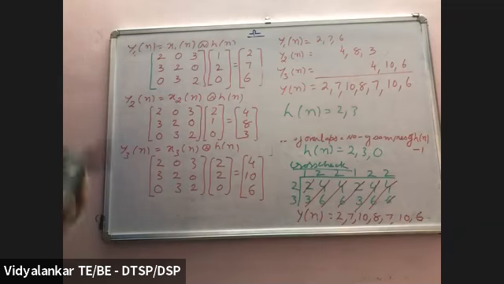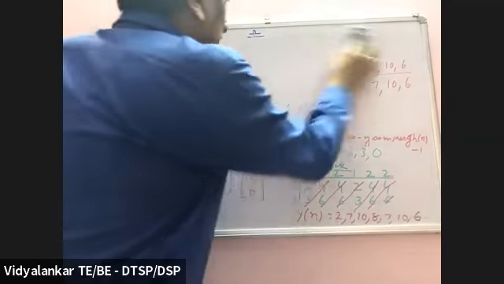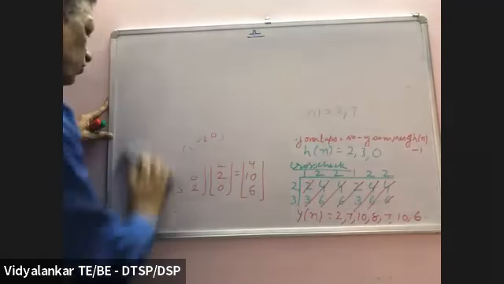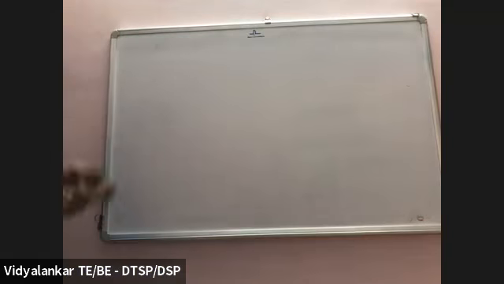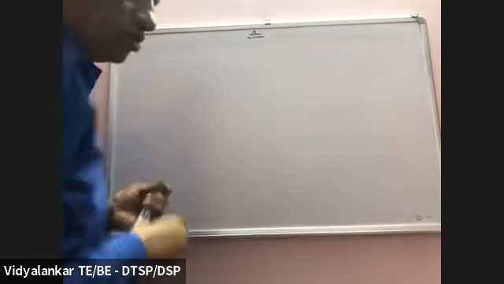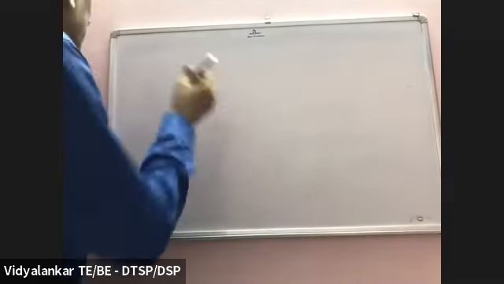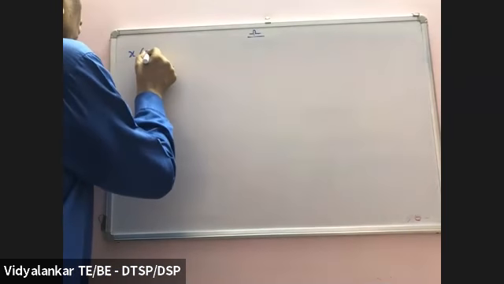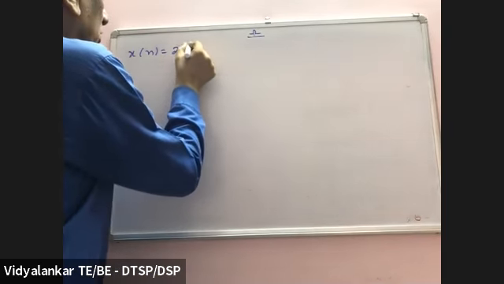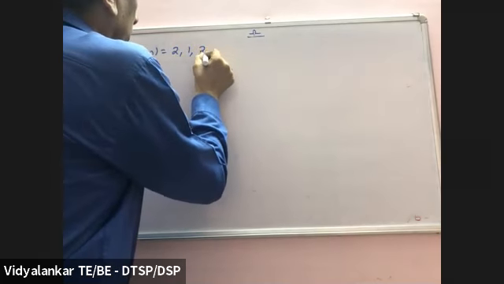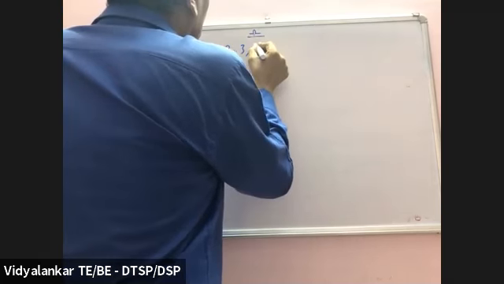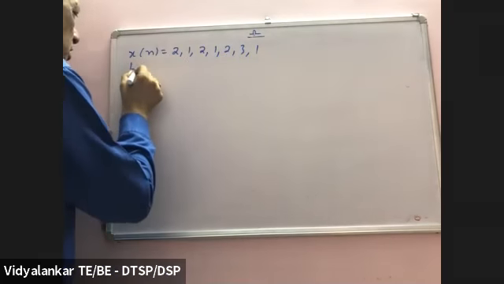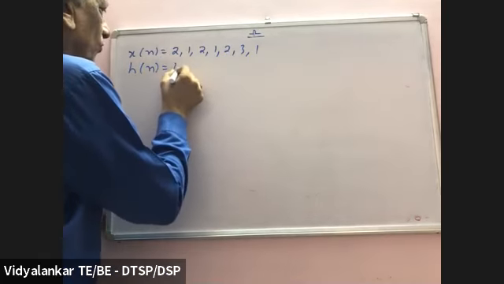Now, this example is one of the earlier papers, previous papers. Here, input sequence x of n is given: 2, 1, 2, 1, 2, 3, 1. And h of n is given: 1, 2, 3.